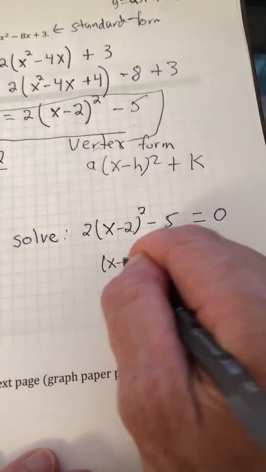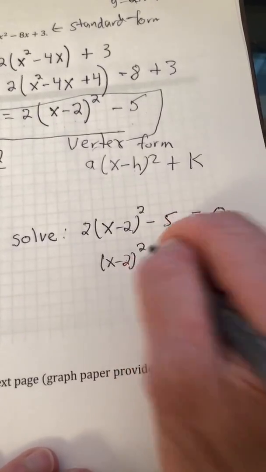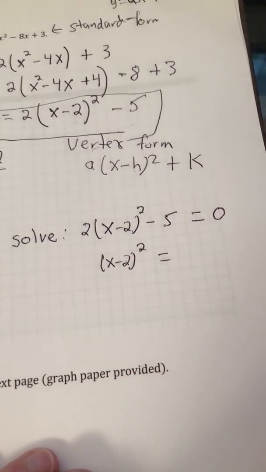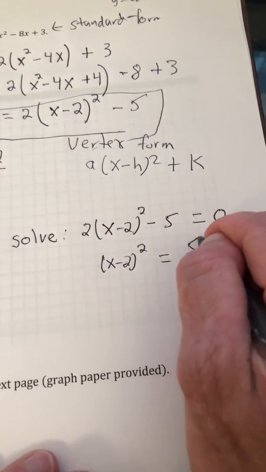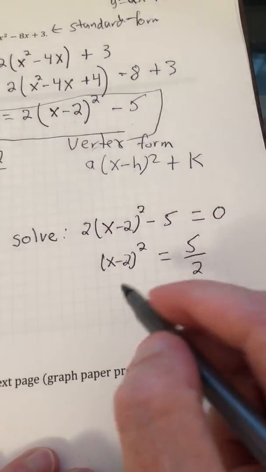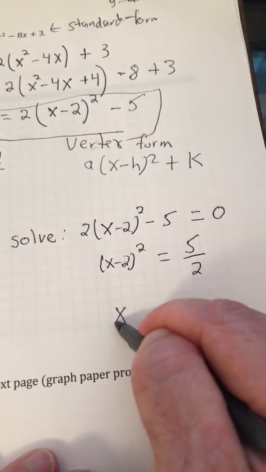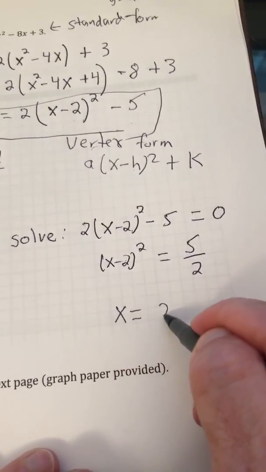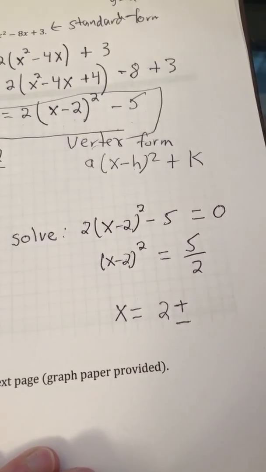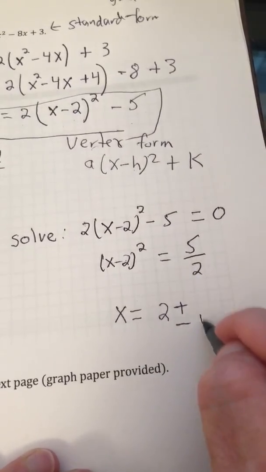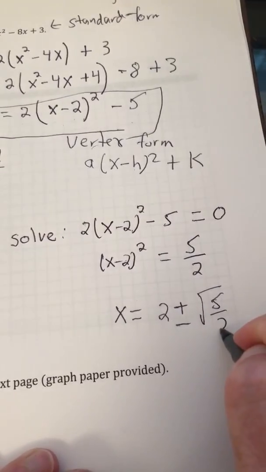We're going to end up using the square root property. Add 5 to both sides, divide both sides by 2. So we have x minus 2, the quantity squared, is equal to 5 halves. So x is equal to 2 plus or minus, using the square root property, the square root of 5/2.